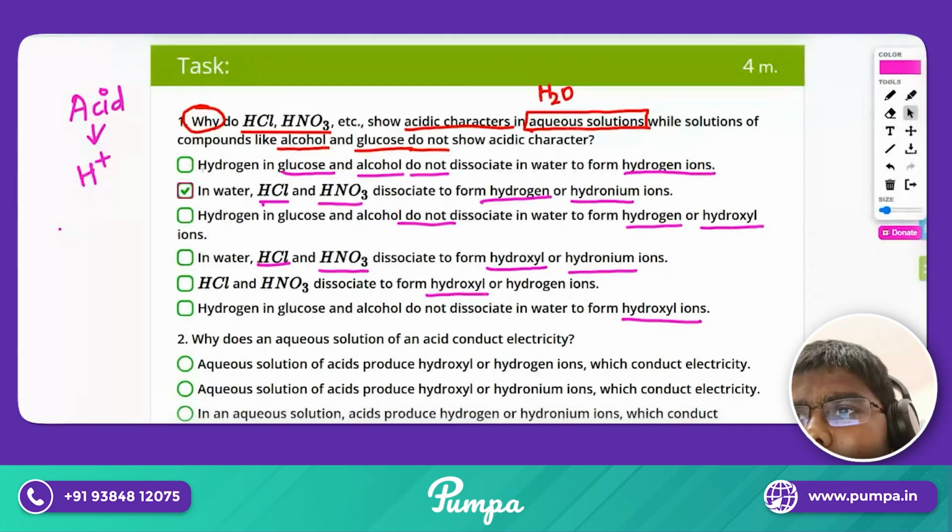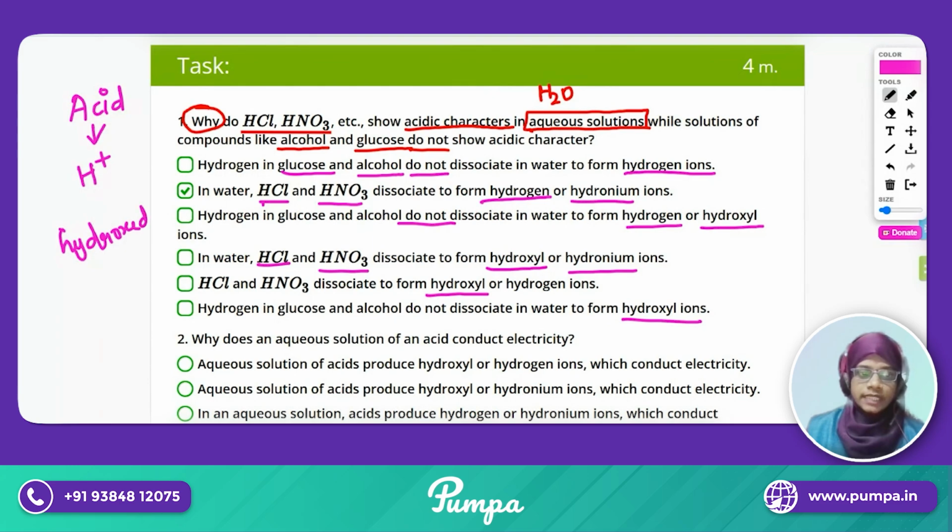Hydroxyl and hydrogen, what is the difference? Hydroxyl, you have learned about hydroxide, right? Both are nearly the same thing: hydroxyl is hydrogen and oxygen, the OH minus ion. How do we call them? They are actually a base, right? Base, ma'am.